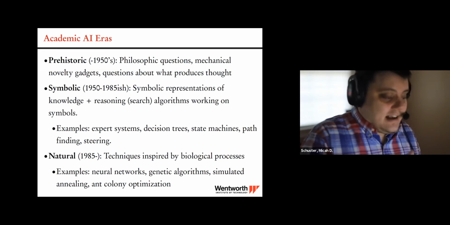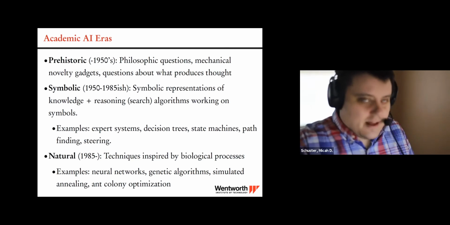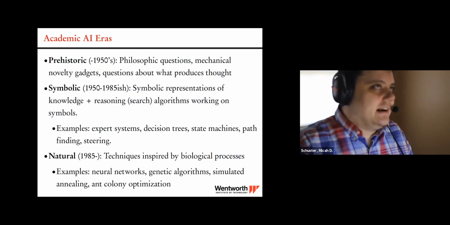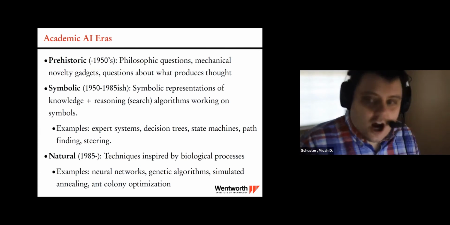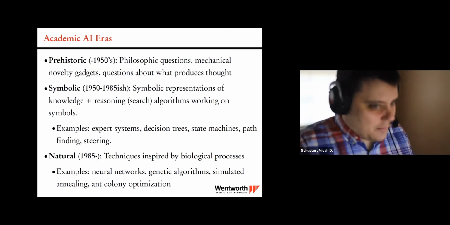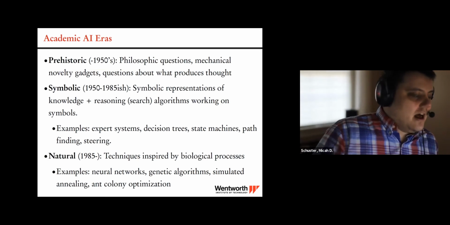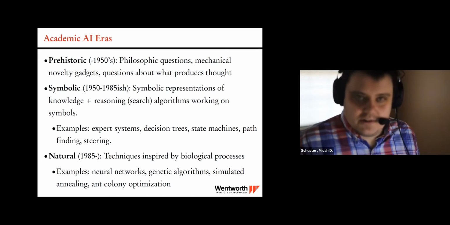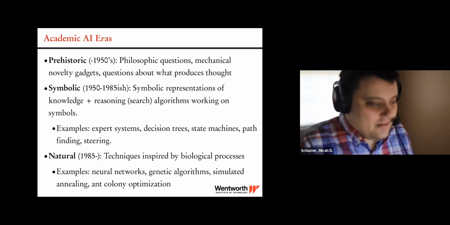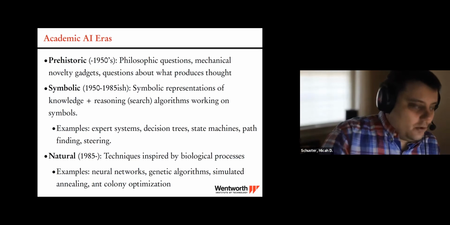Neural networks, genetic algorithms, simulated annealing, which is more of a chemistry type process, and ant colony type stuff. Ant colonies do a lot of optimization, so there are models based on what ant colonies do. These natural processes, and how we can mimic those to mimic the intelligence that we see out in the real world.